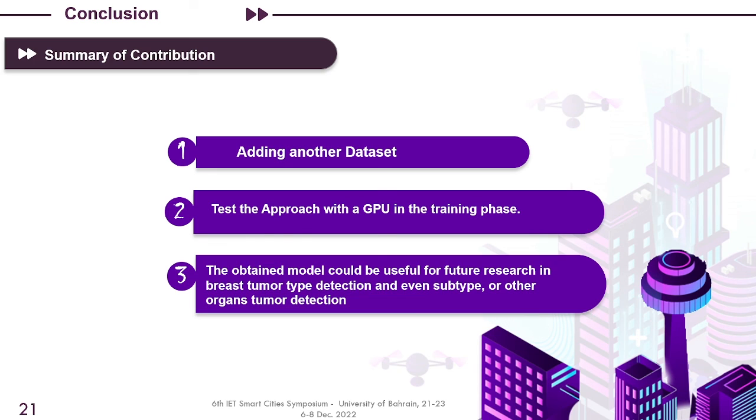Therefore, we can assert that what we accomplished could be used as a starting point for future research. This could help achieve better results in breast tumor type detection, and that leads to accurate computer-aided diagnosis systems for breast cancer. Of course, we can also consider using the proposed approach for other cancer types, such as brain cancer, for tumor detection as well.